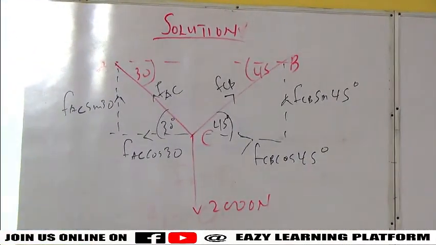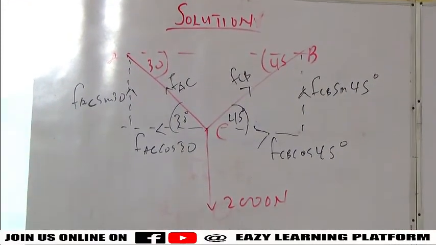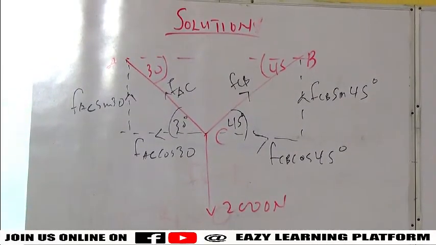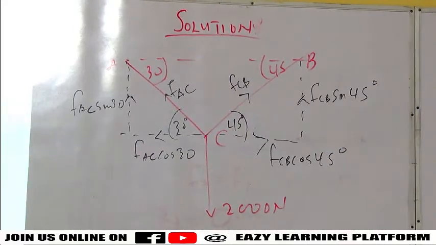So now we've been able to resolve all the forces into components. We've resolved force FAC into the rectangular component. We've been able to resolve FCB into the rectangular component. That is good. What next?